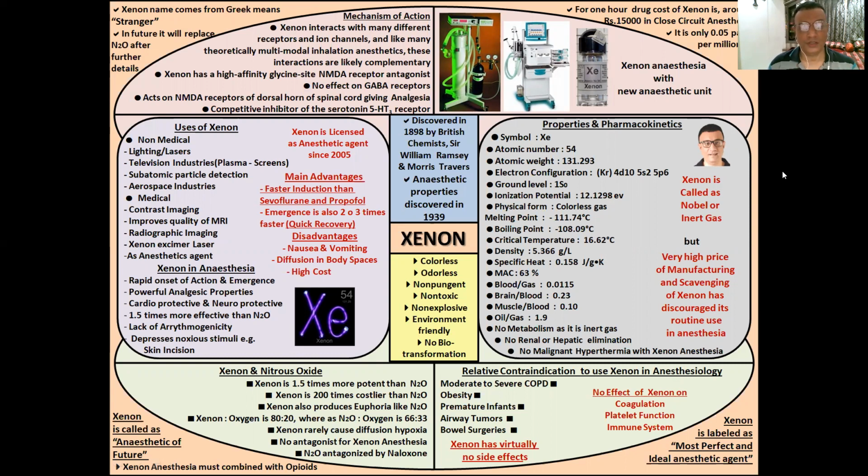The Xenon to oxygen ratio is 80-20, whereas for N2O we know it is 66-33. Xenon rarely causes diffusion hypoxia. There is no antagonist for Xenon anesthesia, like N2O has naloxone. And practically and virtually, there is no side effect of Xenon. So it is labeled as the most perfect and ideal anesthetic agent.